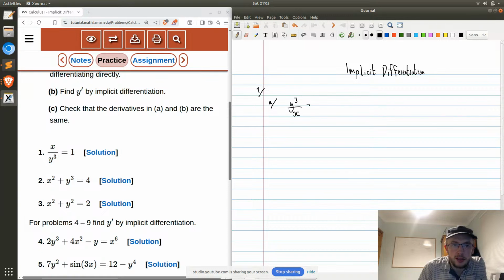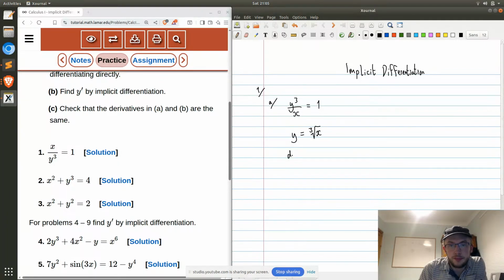y cubed over x equals 1, well, I suppose it would just equal 1. And so y cubed would equal x, and so y equals the cube root of x, doesn't it?